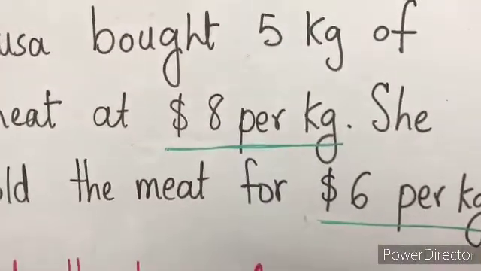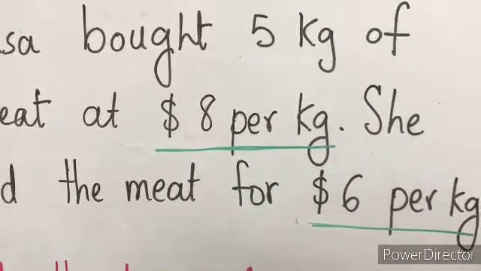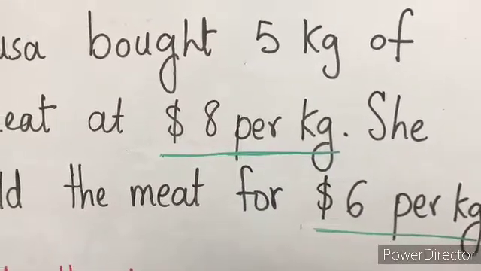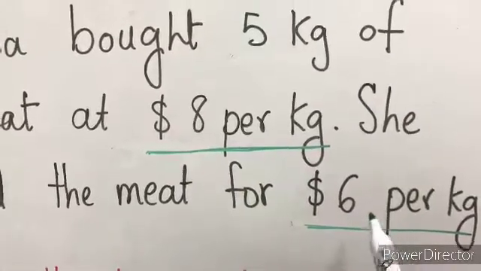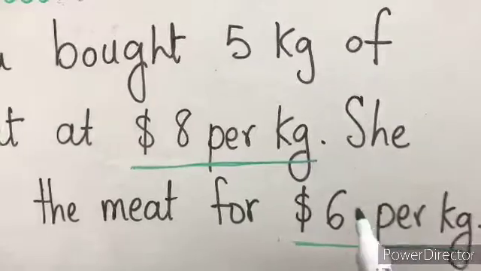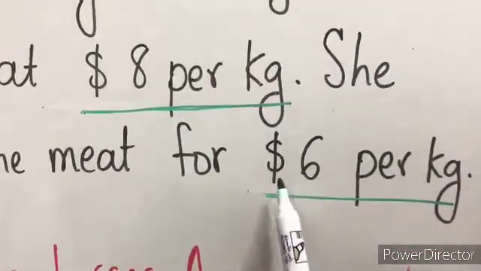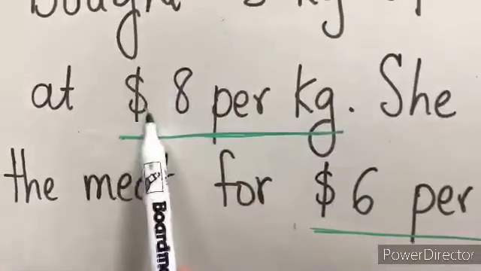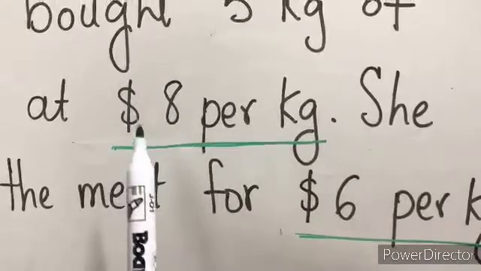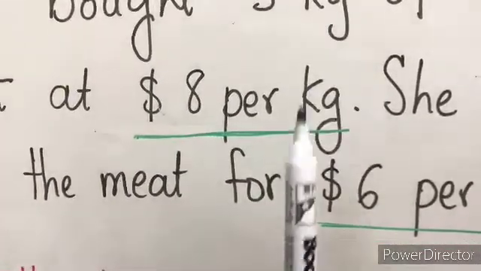As I told you, you remember, when the selling price is higher, you are going to make a profit. But if the selling price is lower, you are going to make a loss. Here you see, she sold it at $6 per kg, which means 6 is smaller than 8. So from here you clearly know that you are going to calculate a loss.